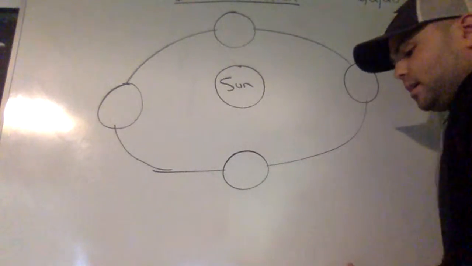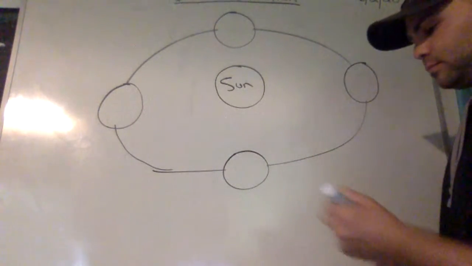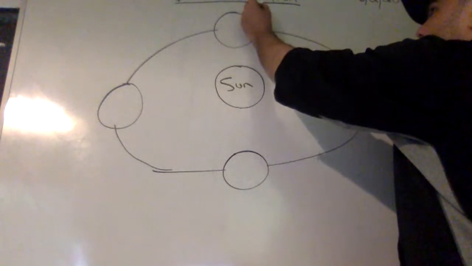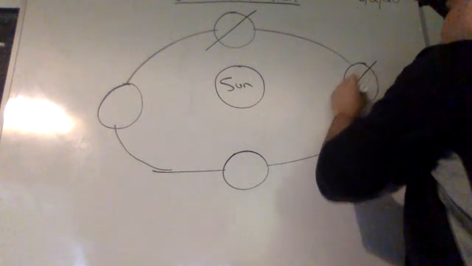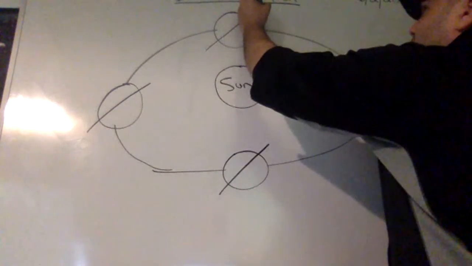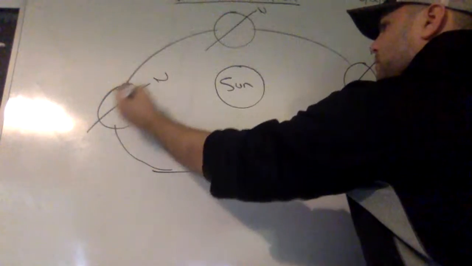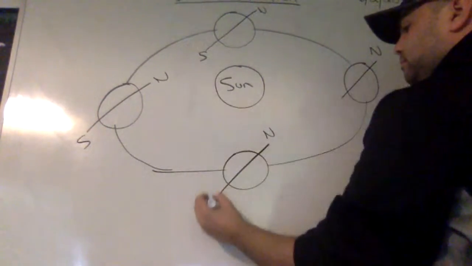Now, they actually show the picture in a different way. It actually shows the tilt going this way. So we're looking at the solar system from a different angle. Okay, but we still have the north and we still have the south.